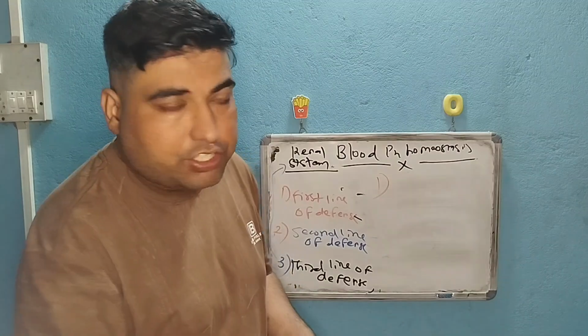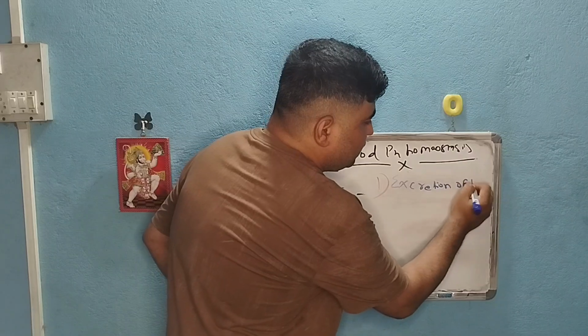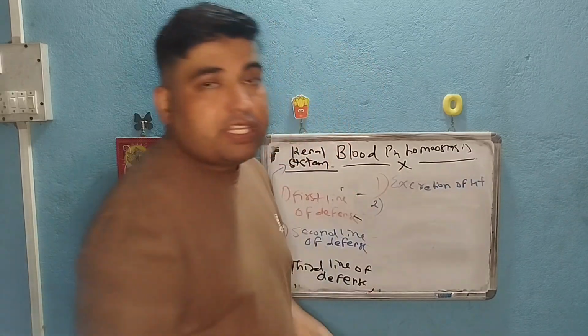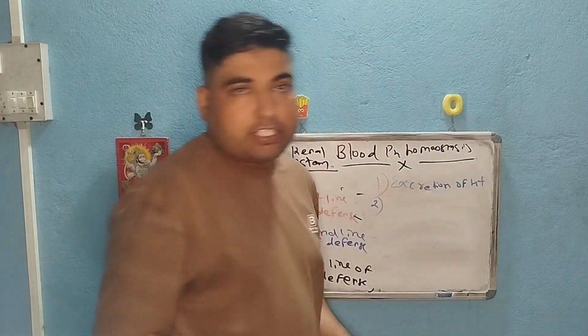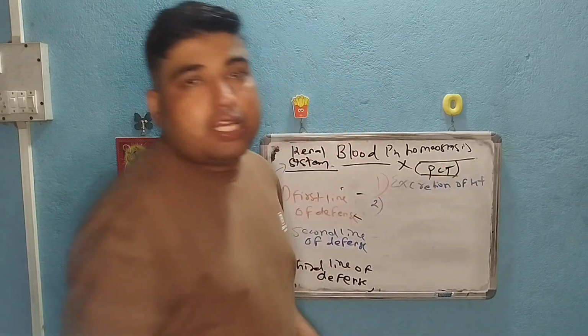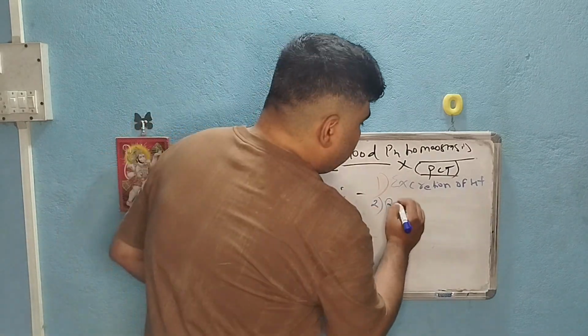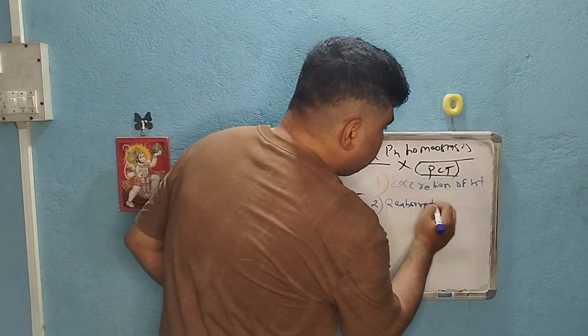It increases the excretion of H plus ions, which happens at the PCT, the proximal convoluted tubules. Next is reabsorption of bicarbonate.